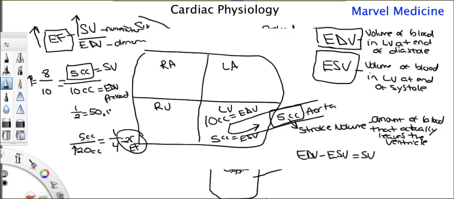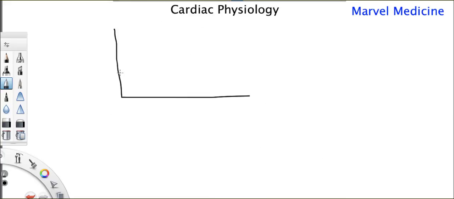Now, this is getting back to a very simple physiology concept that you learned early on, that as preload increases, stroke volume increases. Let's go over that. Okay, this gets to the Starling curve now. I know you've probably seen this before, but if you're having a tough time understanding it, let's go over it.